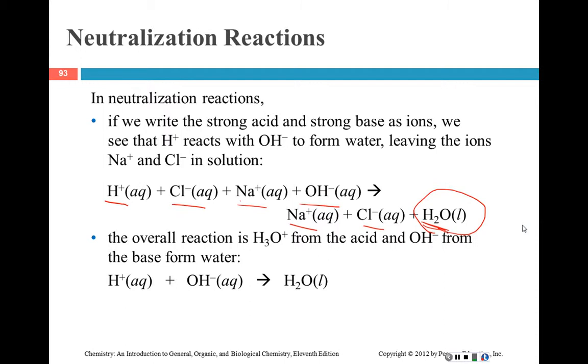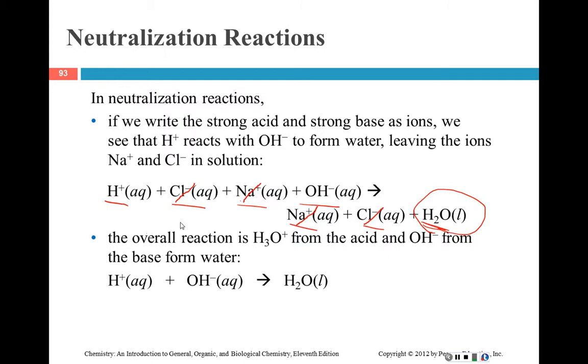So when you're looking at this reaction, notice that some of the things on the left side of the reaction, that is the reactants, are the same as what's on the right side. If we mark out what's on the left and the right side of that arrow, we see the sodium and the chloride ions are there.